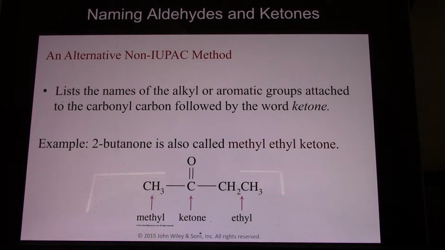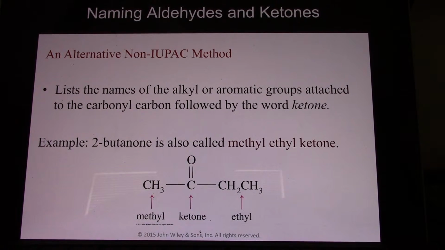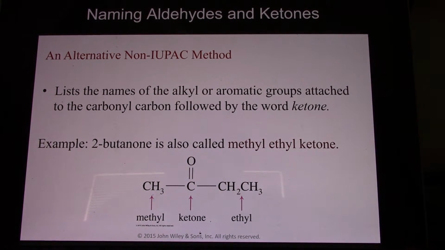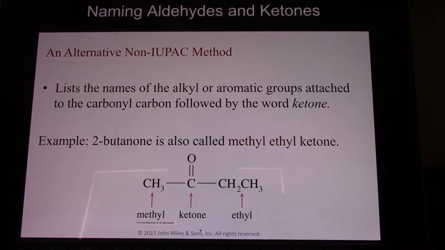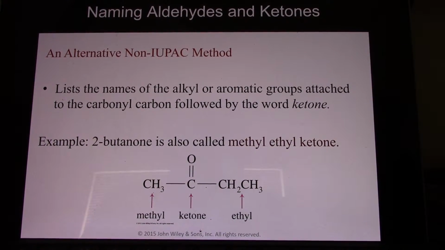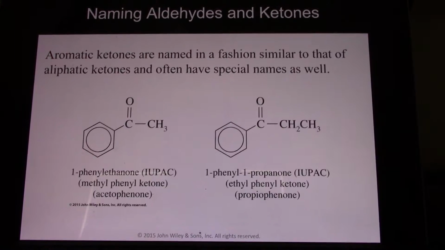An alternative non-IUPAC method: we list the names of the alkyl or aromatic groups attached to the carbonyl carbon followed by the word ketone. So you name, kind of like with the common name for ethers. Here we have methyl ethyl ketone, whereas before we had things like methyl ethyl ether. You were naming the 2 alkyl groups on both sides of your functional group. Here we're doing the same thing, methyl ethyl ketone.